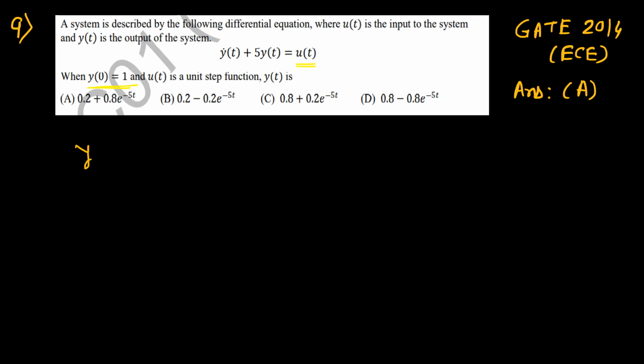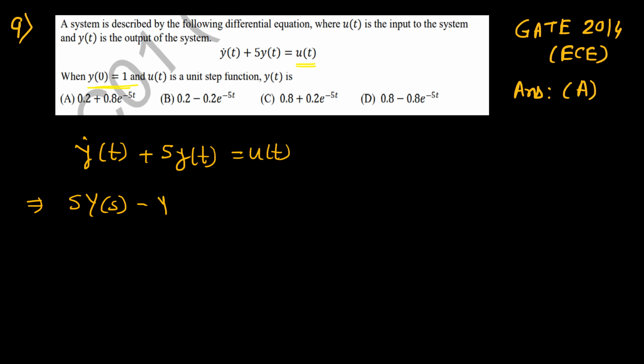So we'll start with this one: y dot t plus 5 y of t equals u of t. Take Laplace transform, it will be s times capital Y of s minus y of 0 plus 5 into capital Y of s equals, this one is 1 upon s, right?